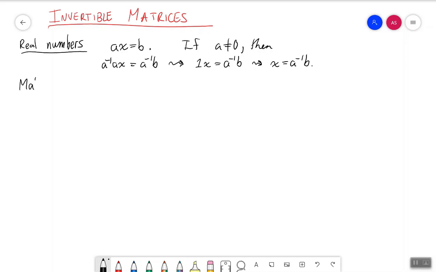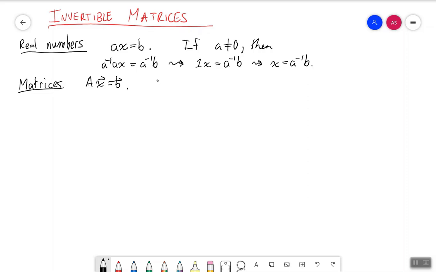For matrices, our goal is to find a way to do something similar. We want to solve the equation Ax equals b. We already have one way to do that, and that's using a system of linear equations and, say, augmenting and using Gaussian or Gauss-Jordan elimination. What we want to do now, though, is motivated by this real numbers setting.